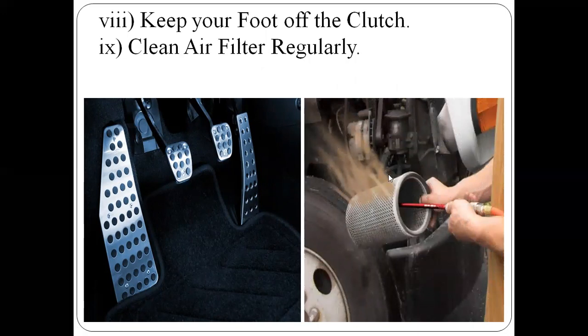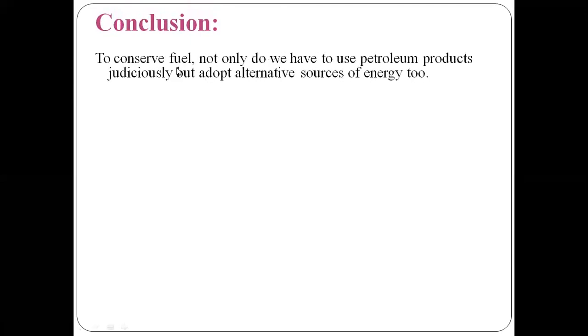Hence, all these suggestions given by PCRA are mainly to save precious fuel, children. Hence, to conserve fuel, not only do we have to use petroleum products judiciously, but let us adopt alternative sources of energy too.